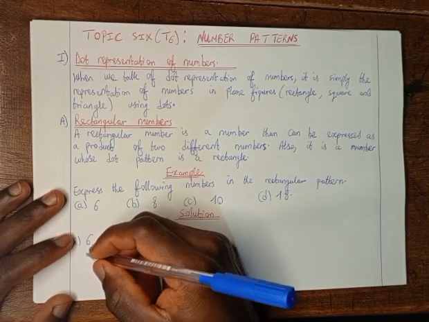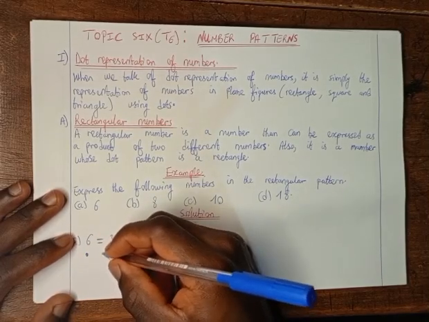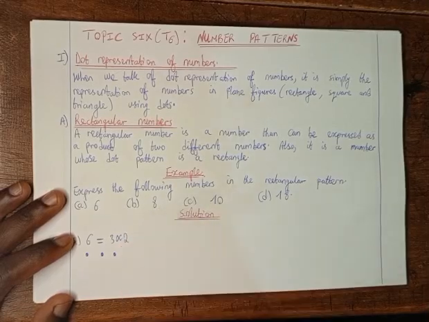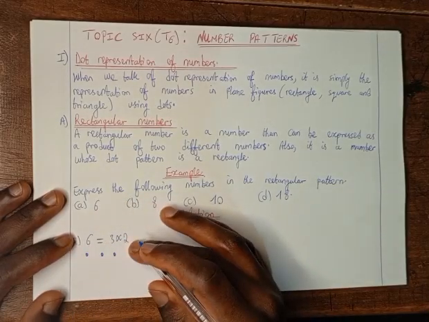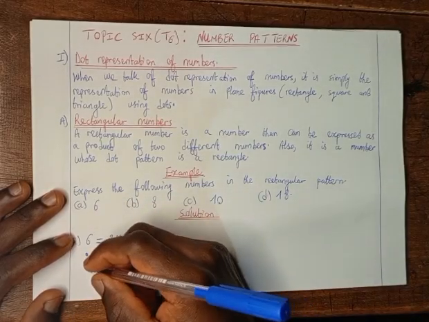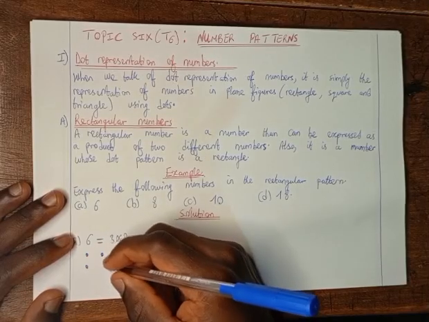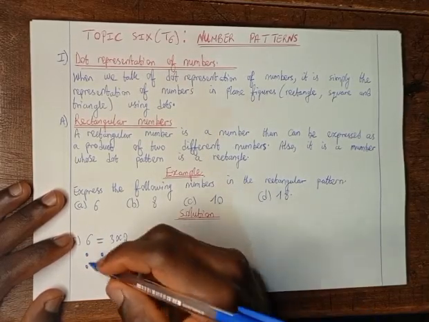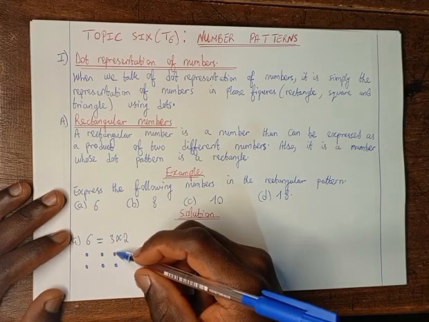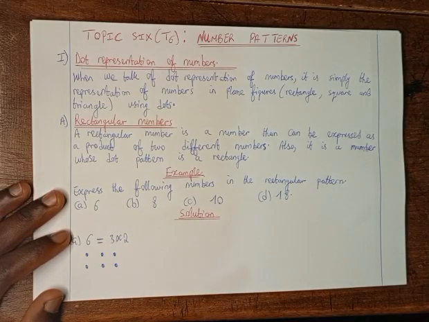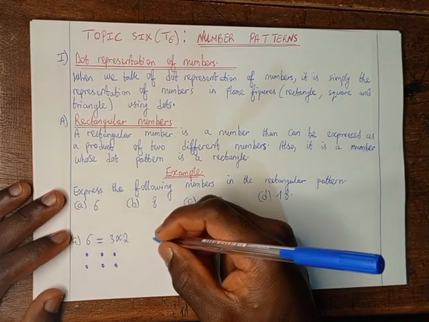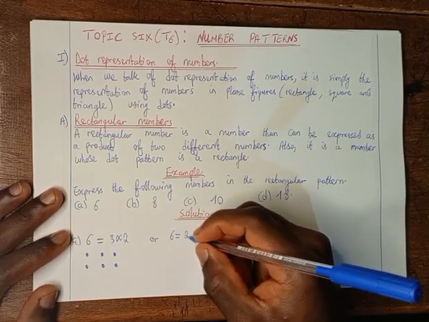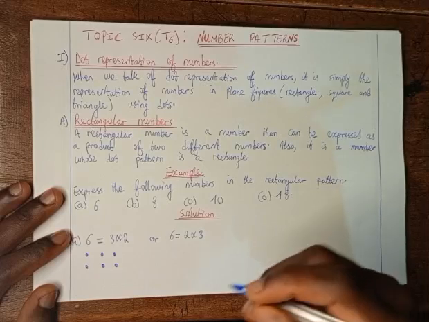The 3 dots are equally spaced out, then we have 3 dots again. You can see the length has 3 dots, the width has 2 dots. It's rectangular. Or we can still express 6 as 2 times 3, which is still the same thing.